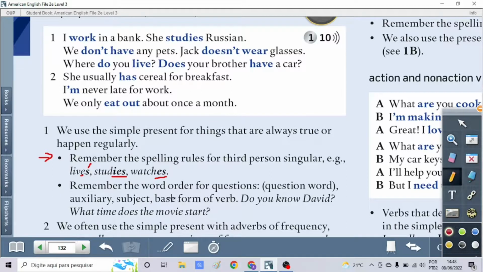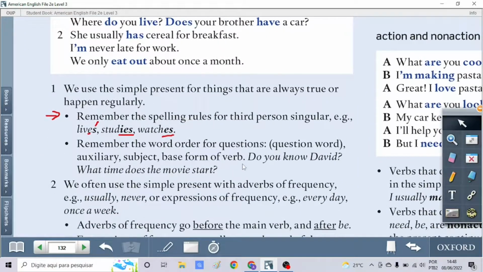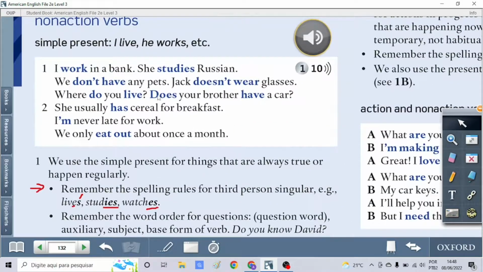Remember the word order for questions. Our order is usually the auxiliary verb, the subject, and then a base form of a verb. So in questions, when we use do or does, the verb will always have a base form.